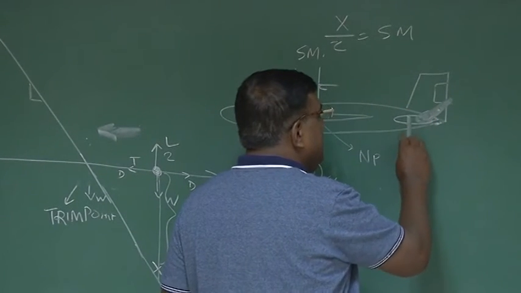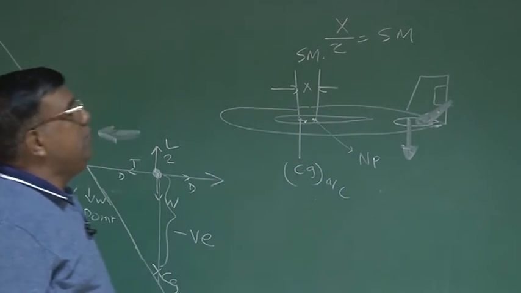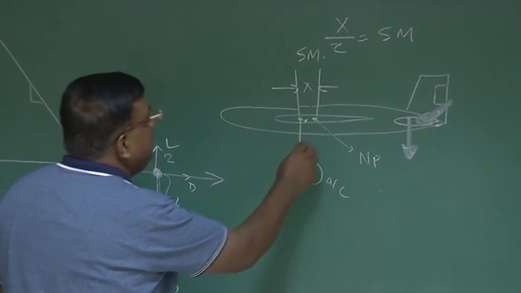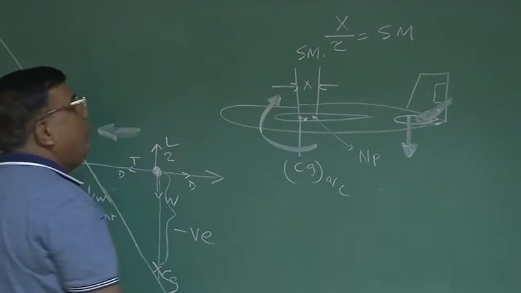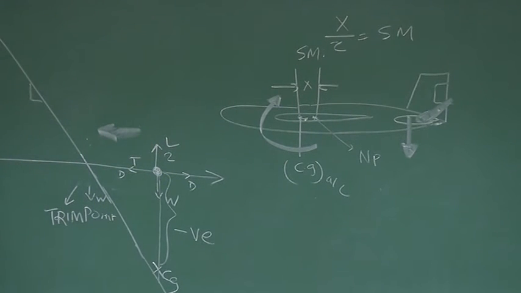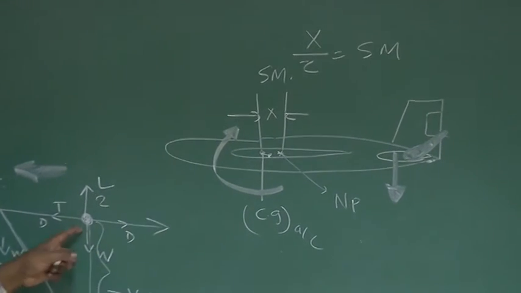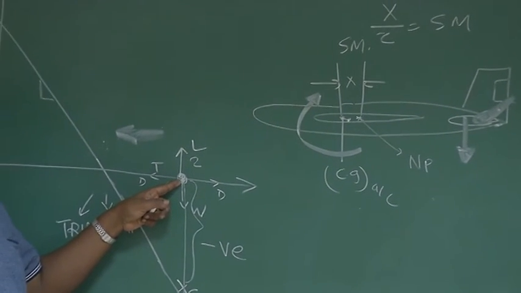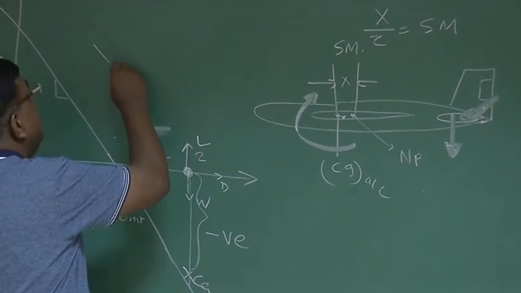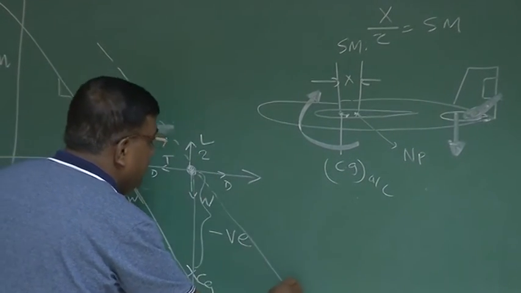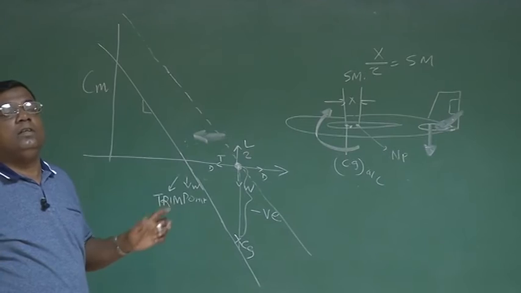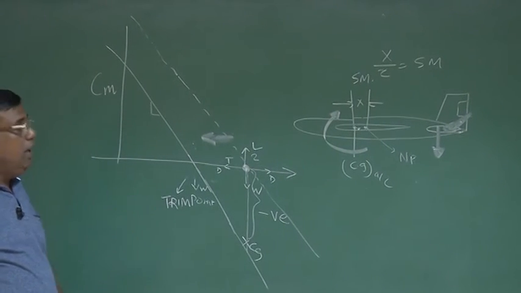And because of deflection of elevator, there will be a force generated at the horizontal tail in the downward direction, and this will give a nose-up moment, and I should be smart enough to get appropriate deflection so that this moment and the restoring moment, they cancel, and again it becomes a trim point, that is Cm is 0, and since stability of the aircraft has not changed, because we have not changed the configuration of the airplane, we have kept the CG same, we have not changed any shape of the outer surface of the wing, tail, vertical tail or fuselage, the same airplane.